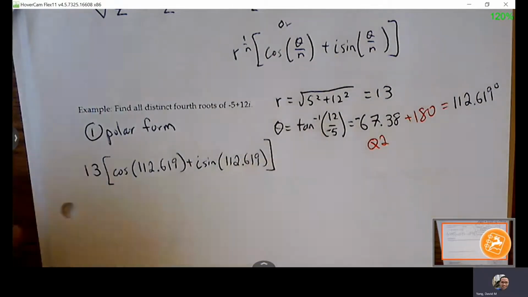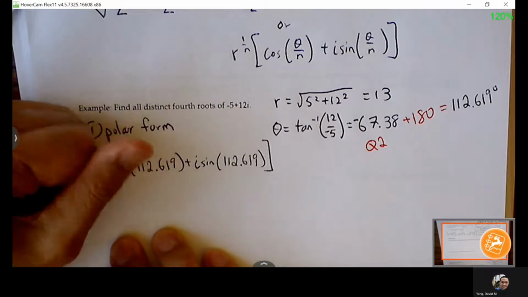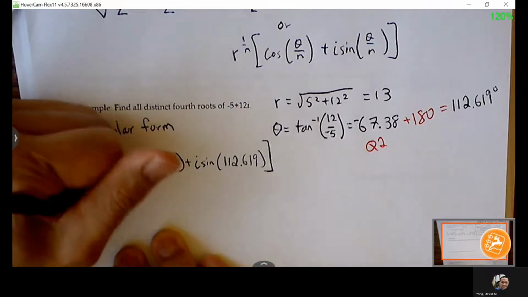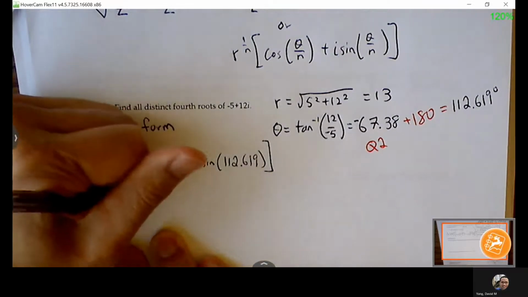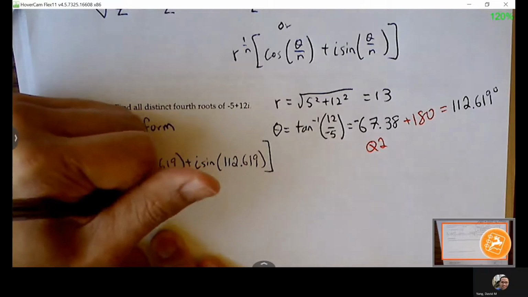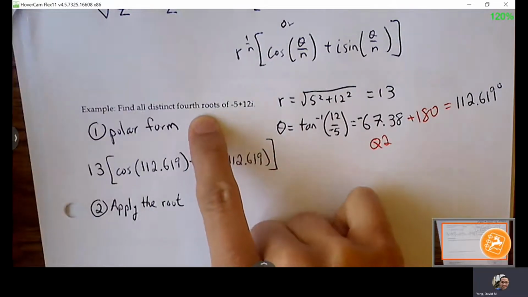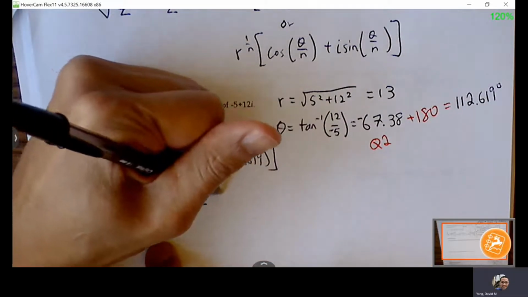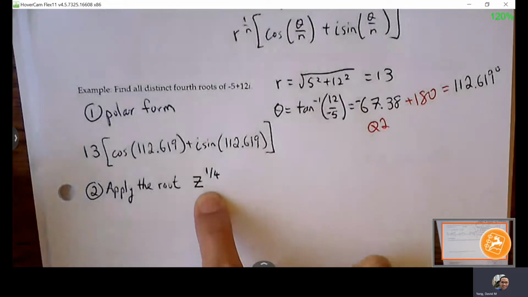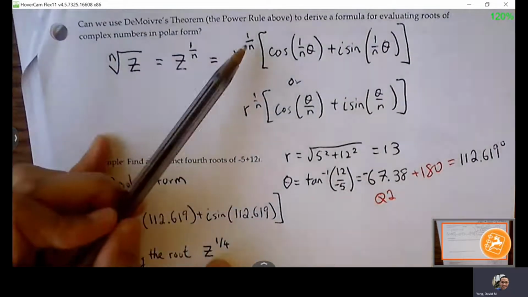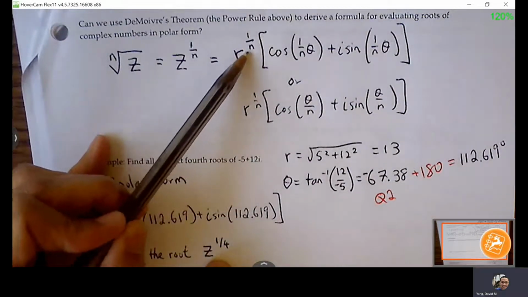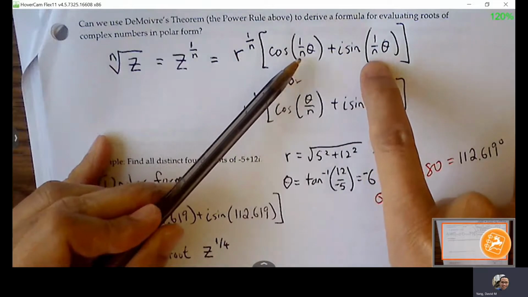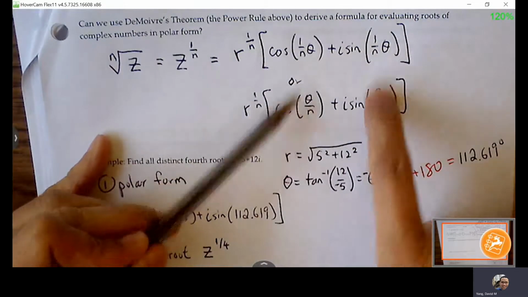Okay, next up, apply the root. It says the fourth root. Okay, so we're trying to do z to the 1/4. So we're going to take that radius, raise it to the 1/4, and then we're also going to divide, multiply by 1/4 or divide by 4, depending on whichever way you want to do it.